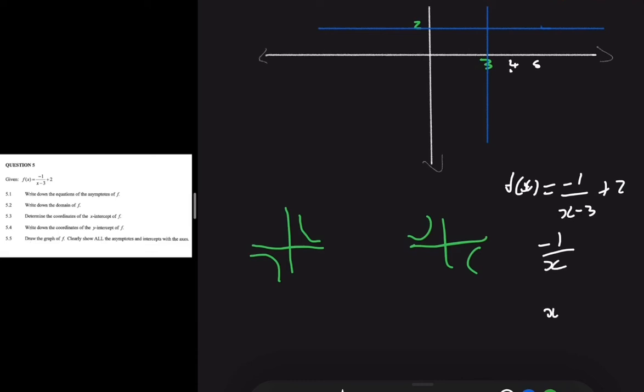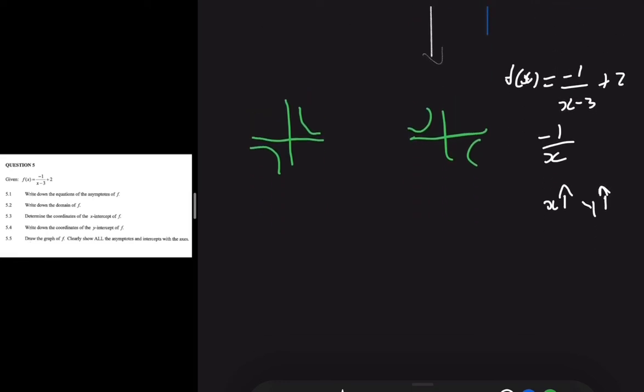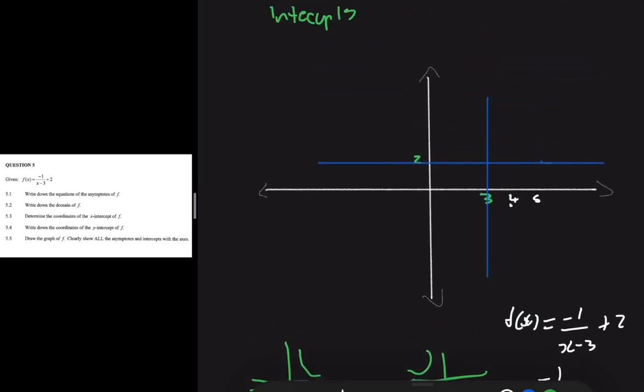If you keep on increasing x here, so x is going up, this value becomes smaller and smaller, right? But because we have a negative here, it's becoming smaller from the negative side, so it's sort of increasing in a way. So y will go up when x goes up, and that will mean that when x goes down, y goes down.